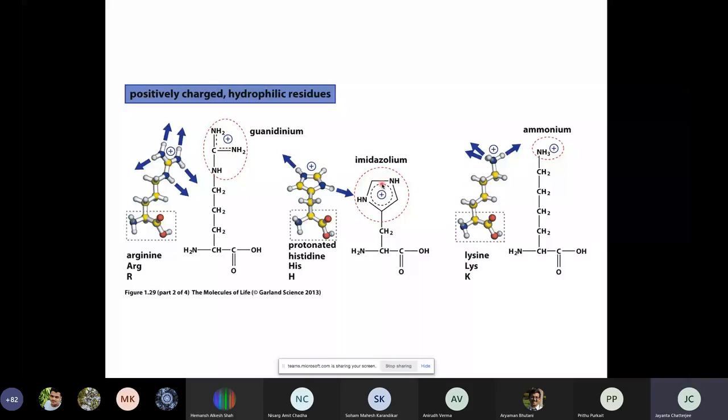Likewise, you also have another positively charged group, imidazole. Maybe you'll know about imidazole later in your practicals. Imidazole is an aromatic group, and such imidazoles are attached to amino acids.